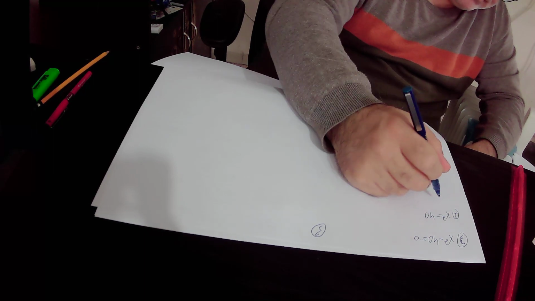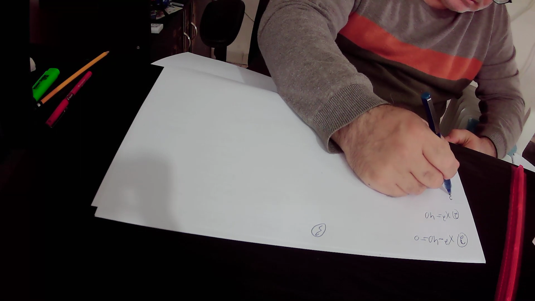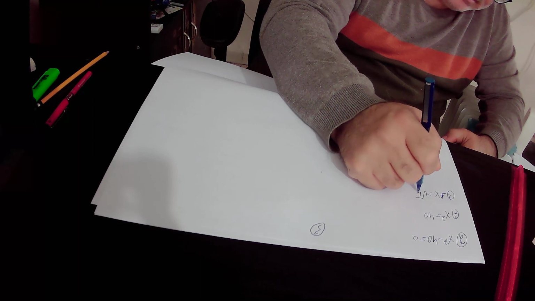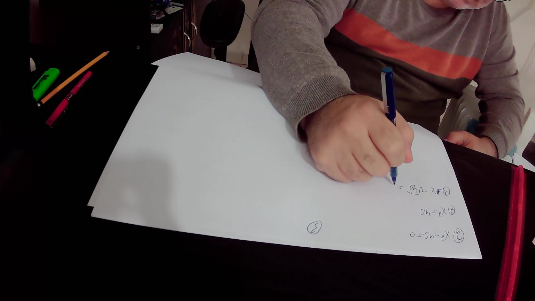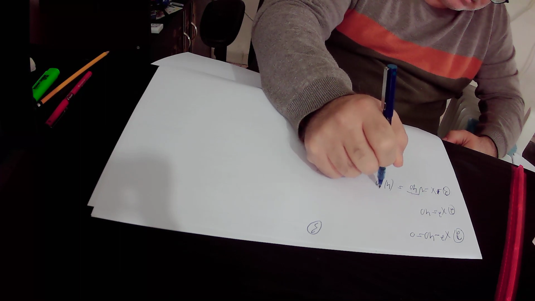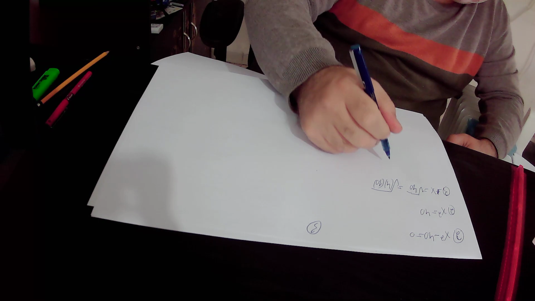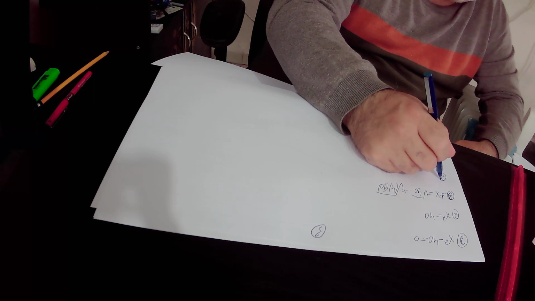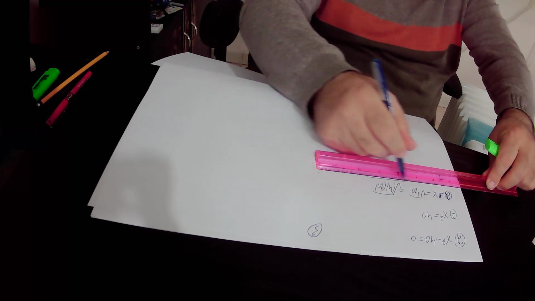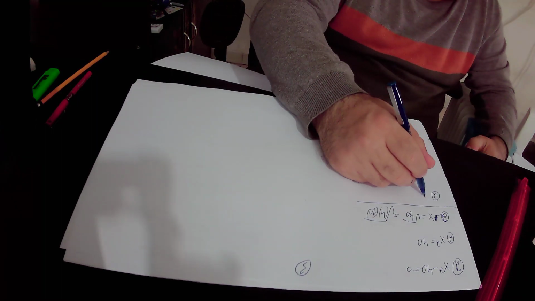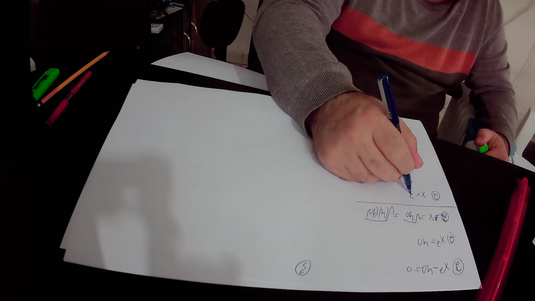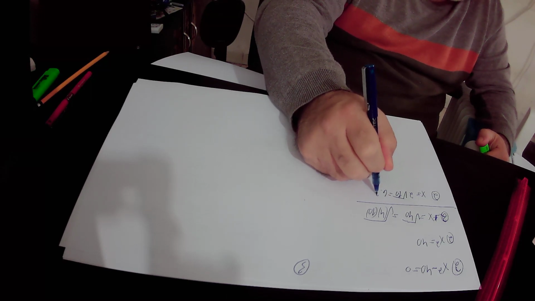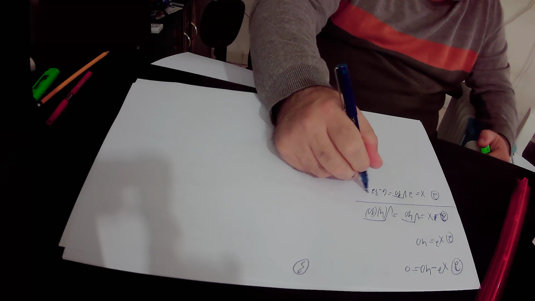We take a root out of this equation and we get that x is equal to the square root of 40. 40 is 4 times 10, and the square root of 4 is 2, so according to the second solution, x is equal to 2 times square root of 10, that is actually 6.32, that is less than 10.